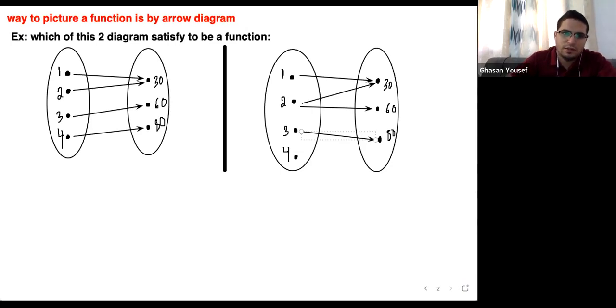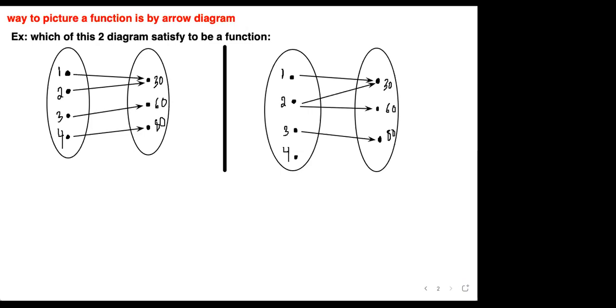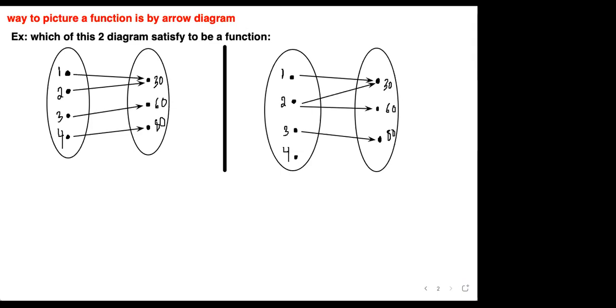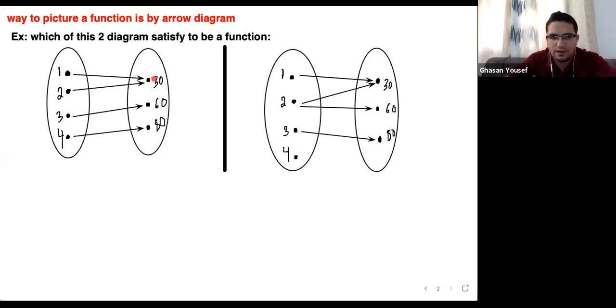Okay, for the first one, does this represent a function? Yes. Does every input take exactly one output? Yes. Look: number 1 takes output 30, number 2 takes 30, number 3 takes 60, and 4 takes 80. So every input takes only one output.